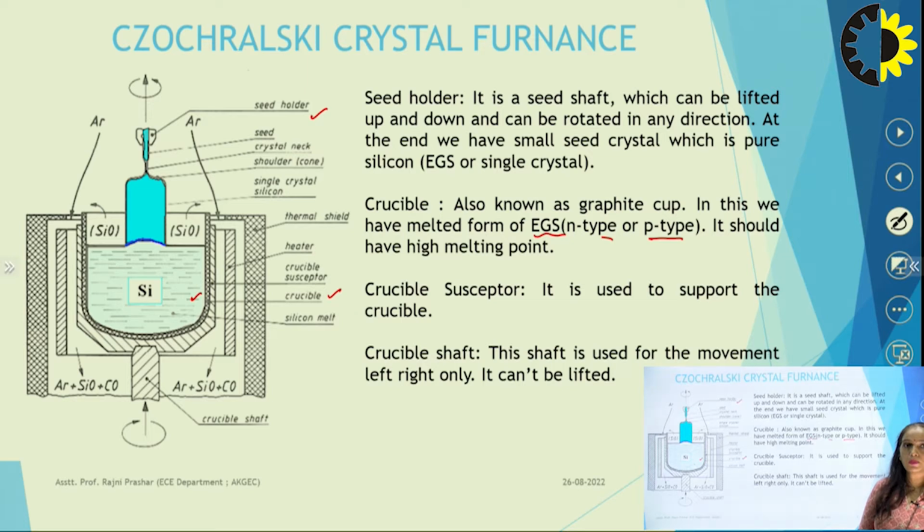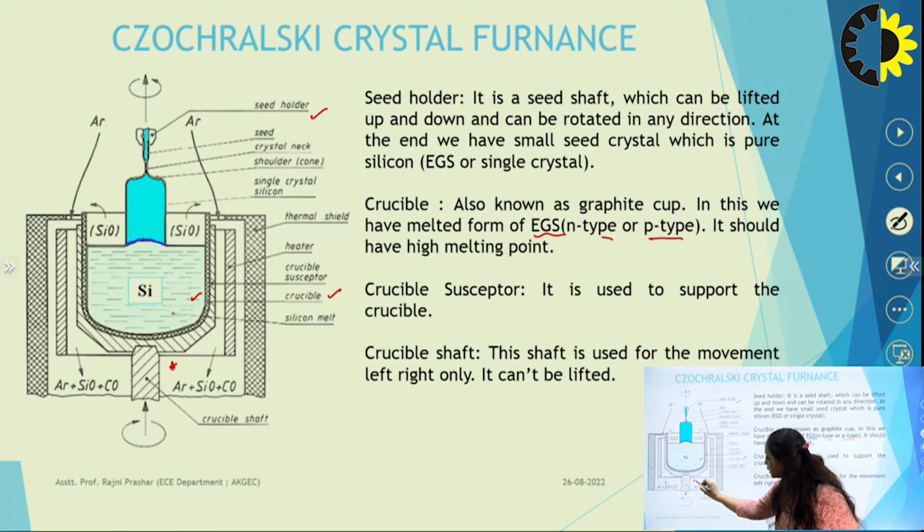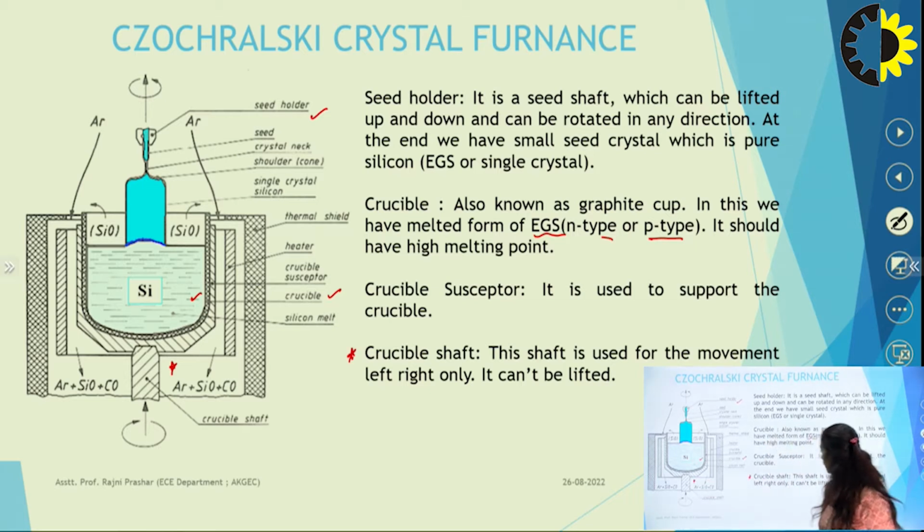It is used to support the crucible so that the graphite cup will remain stable throughout the process. Next we have this crucible shaft. This shaft is used for the movement left right only. We cannot use that shaft for the upside and downside movement.